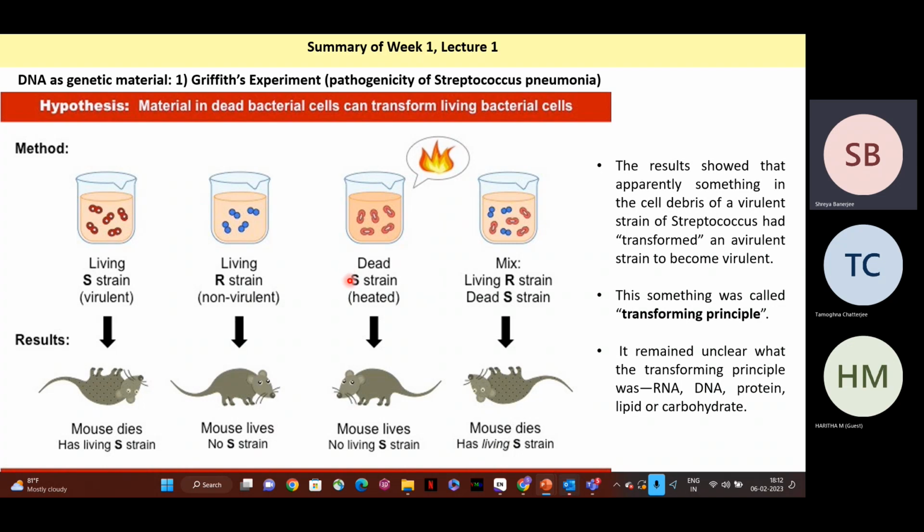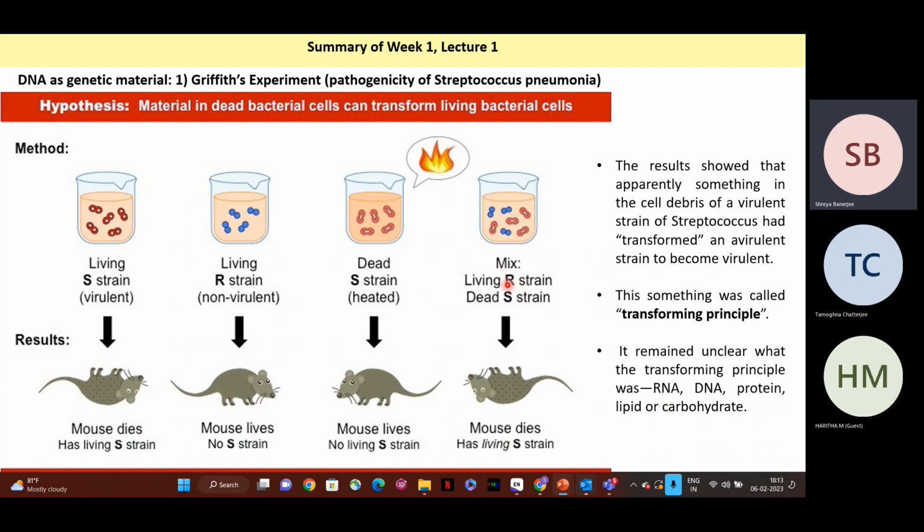Then he took the disease-causing strain, but he killed it by using heat. He injected this heat-killed bacteria into the mouse, and the mouse lived because the disease-causing bacteria was dead. But the most surprising observation was that he took the living rough strain and the dead smooth strain.